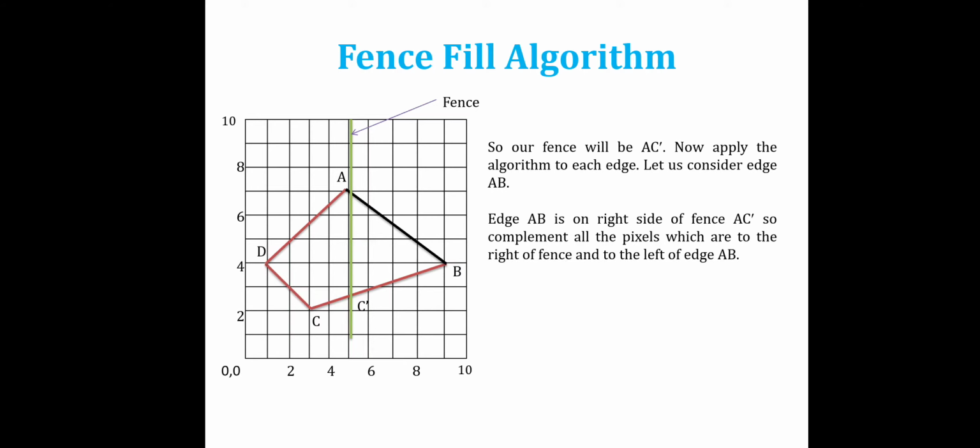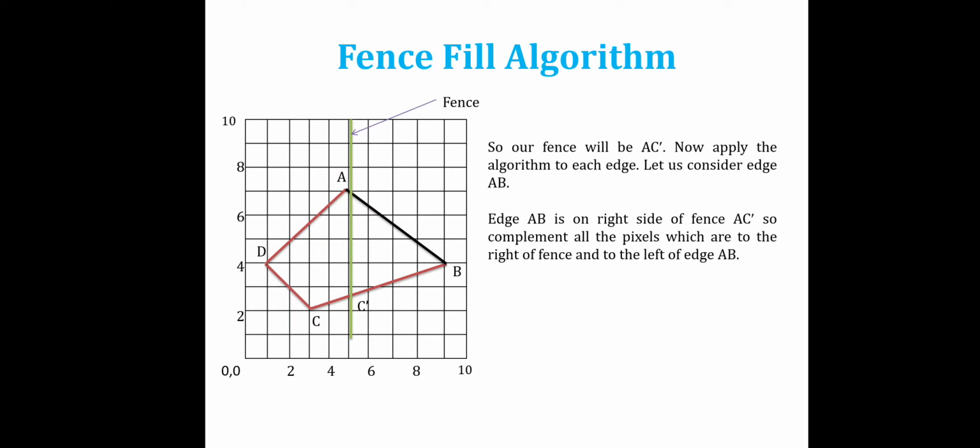So, we are going to complement all the pixels which are to the right of the fence and to the left of the edge. This is the right of the fence and this is the left of the edge. That means we consider the left part of AB and the right part of AC dash. Why?